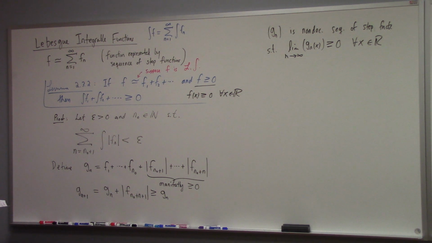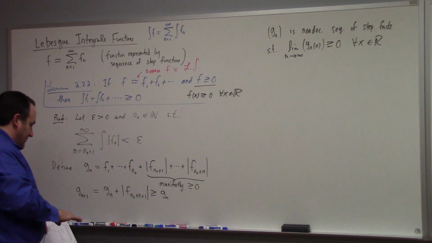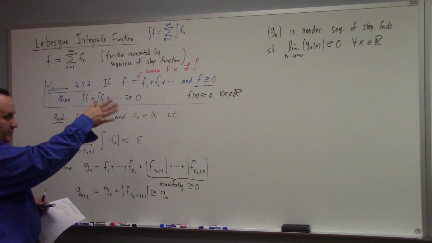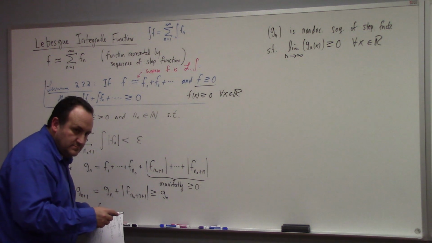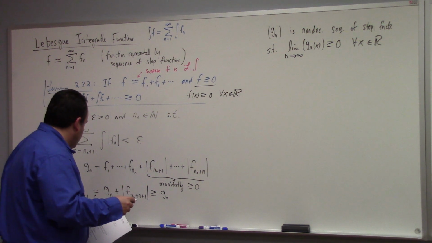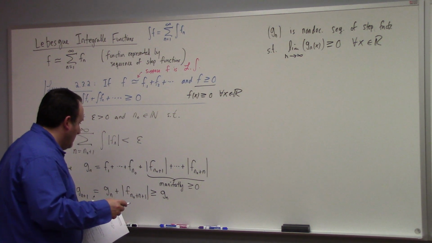Well, let me point out something that makes this totally obvious. Is it because the left side, f, is going to be greater than 0, and you already said that the other side's manifestly greater than 0?